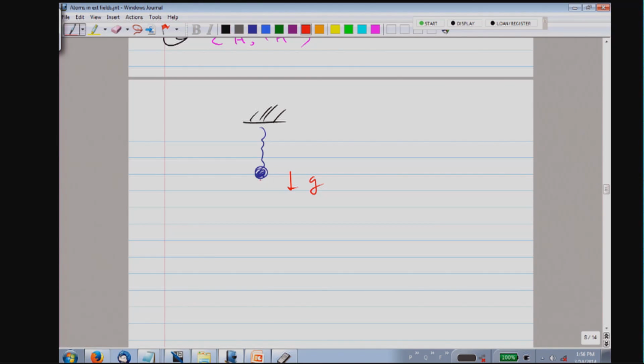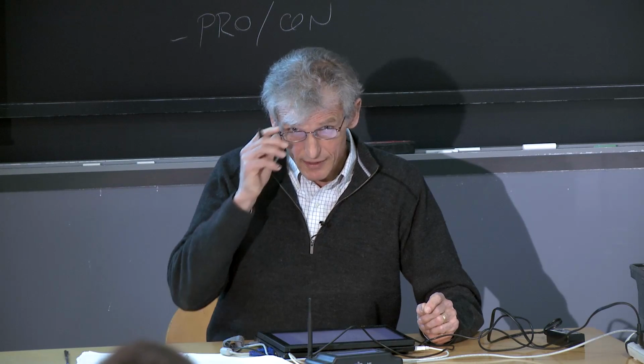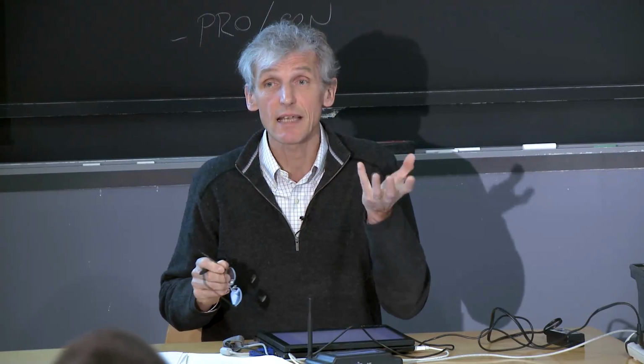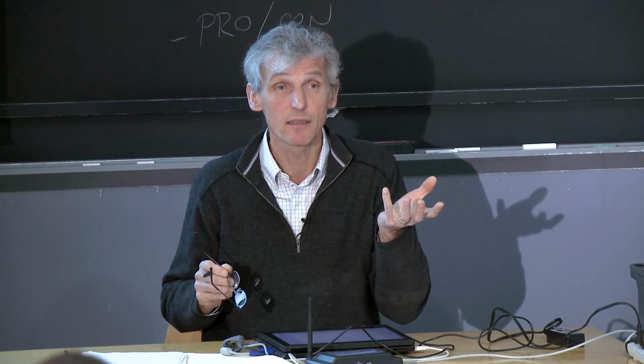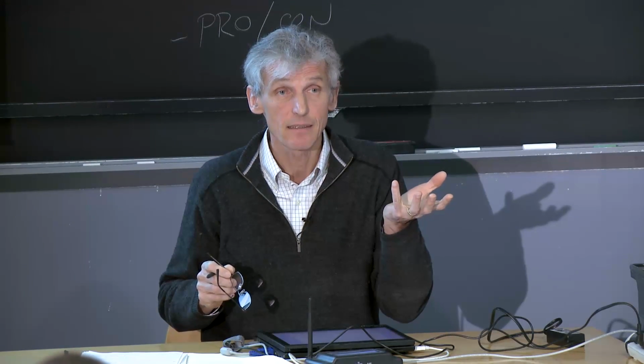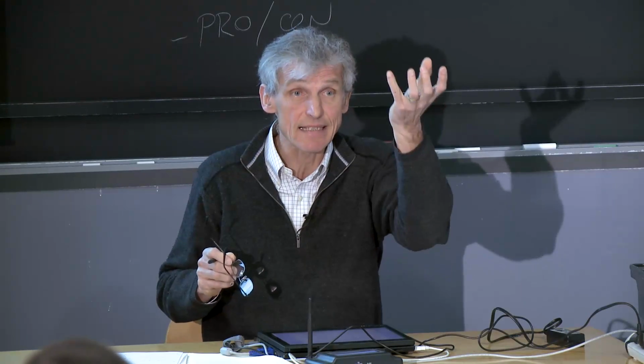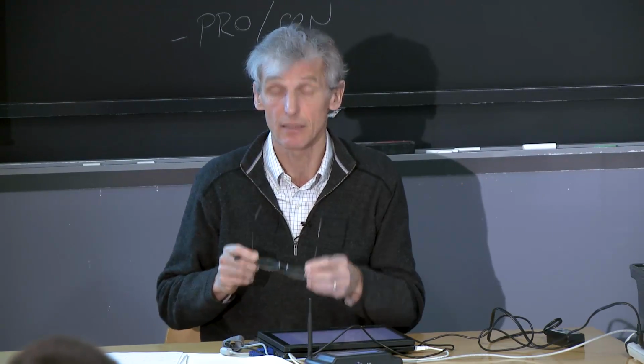And due to gravity, the object sags by an amount delta z. So the question is, and delta z is like the dipole moment, what is the gravitational energy gained by the object because it has fallen down, it is sagging down due to gravity?